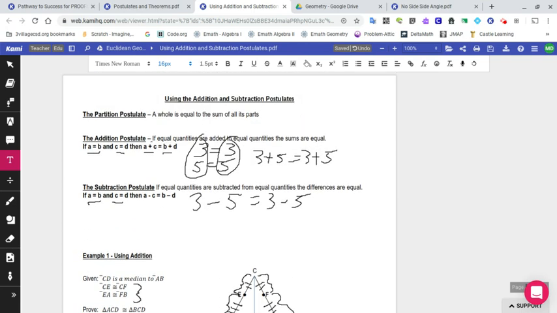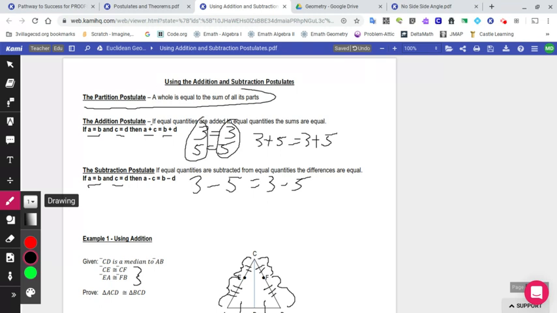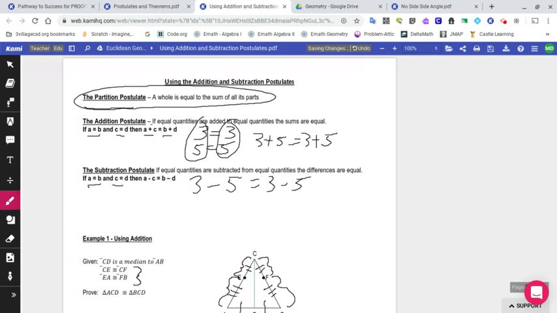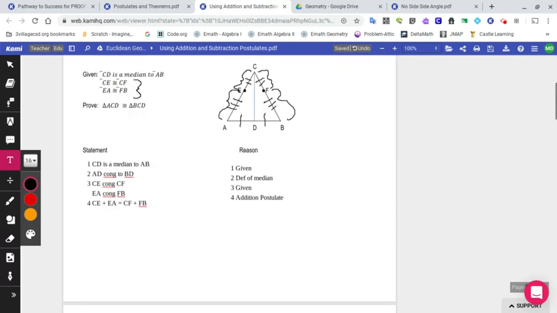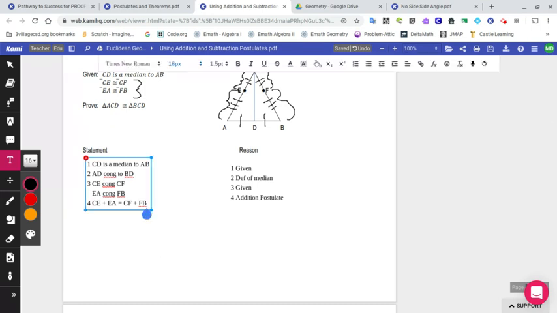Which is the partition postulate. A whole is equal to the sum of its parts. So this will be important in this proof down here. A whole is equal to the sum of its parts. So CA equals the sum of its parts. So I'm going to write that CA equals CE plus EA.